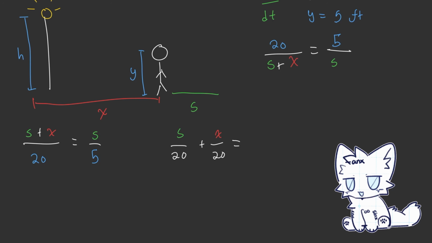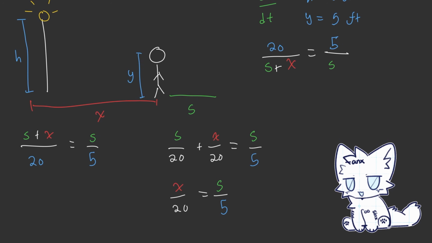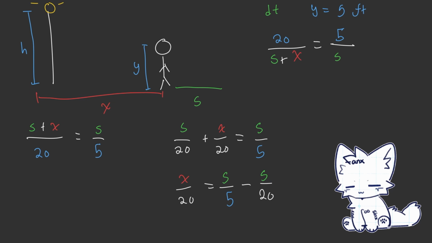And this is equal to s over 5. And we can just move this to the other side. So we get x over 20 is equal to the length of the shadow over the height of the person minus the length of the shadow over 20, the height of the lamppost.